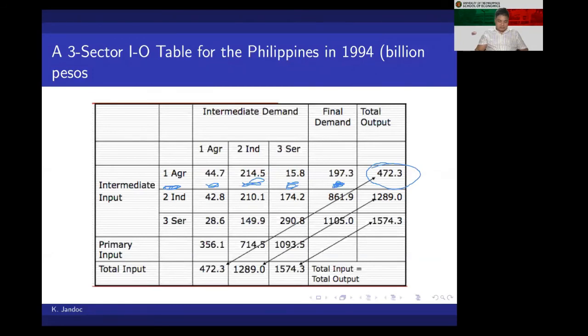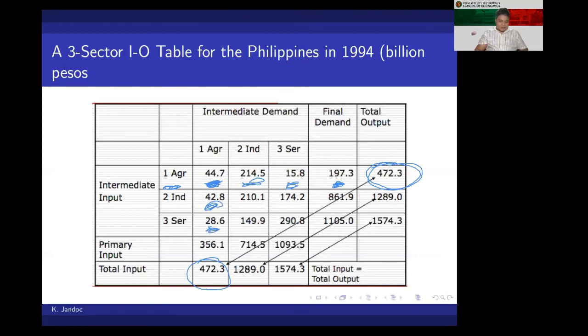Okay, so notice that this total output is the same as this total input. So the total input from agriculture is 44.7 billion. The intermediate input of agriculture to industry is 42.8, and to services is 28.6.